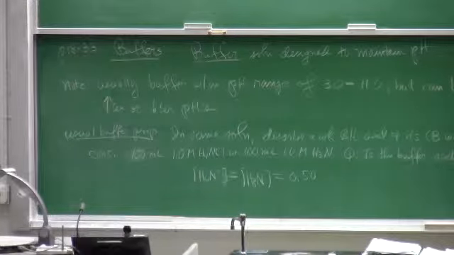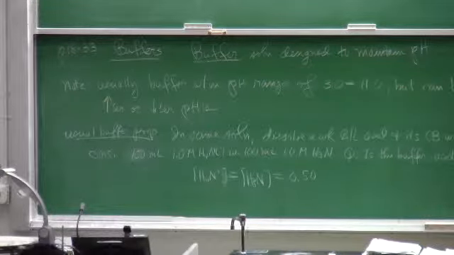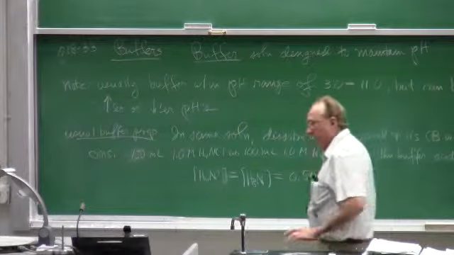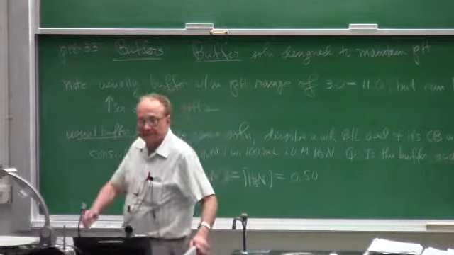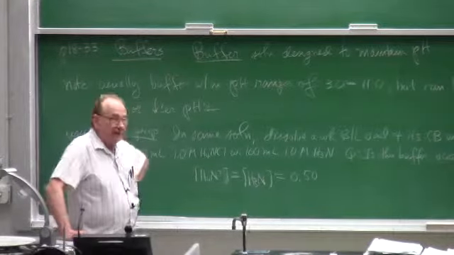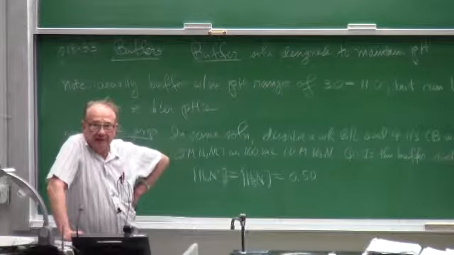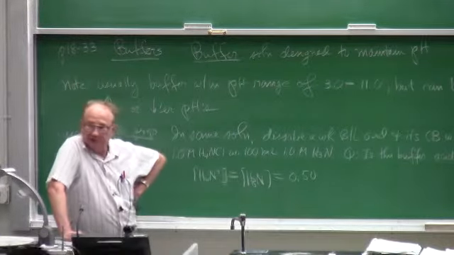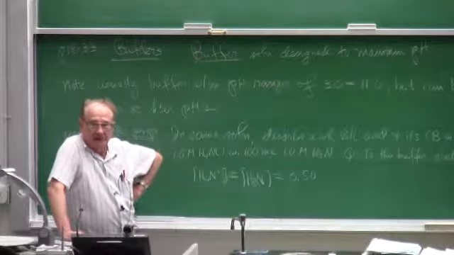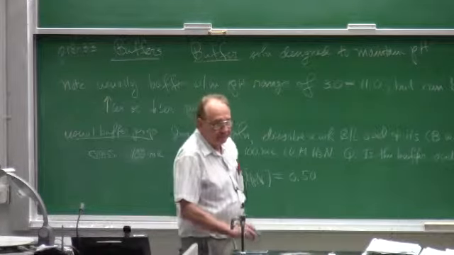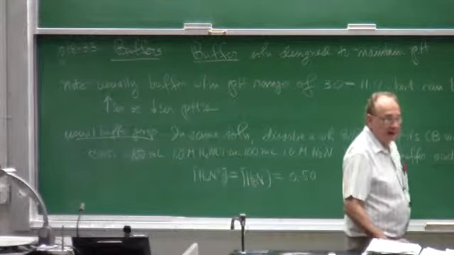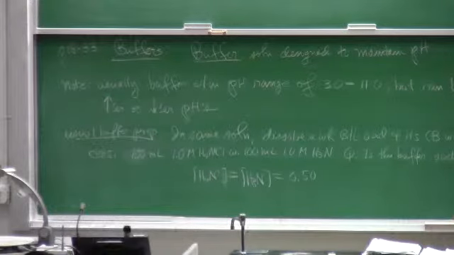Now then, for this buffer, the ammonium ion ammonia buffer, what is the principal Bronsted-Lowry acid-base equilibrium reaction in this buffer solution? You know how to play the game. You pay attention first to what?